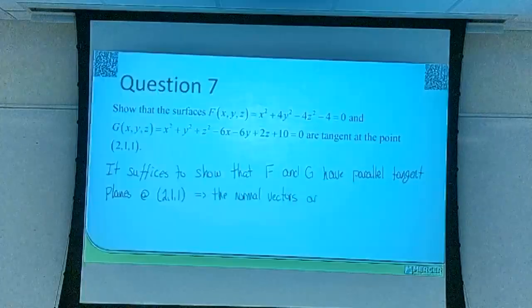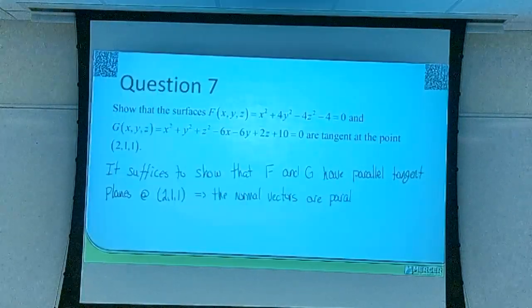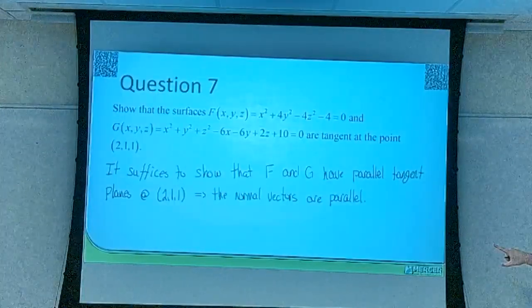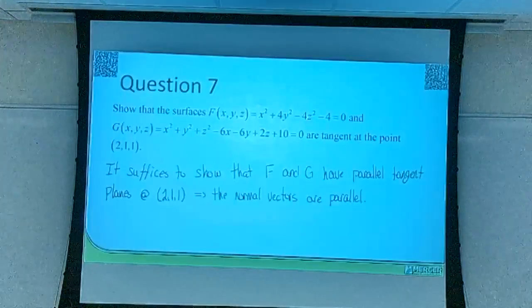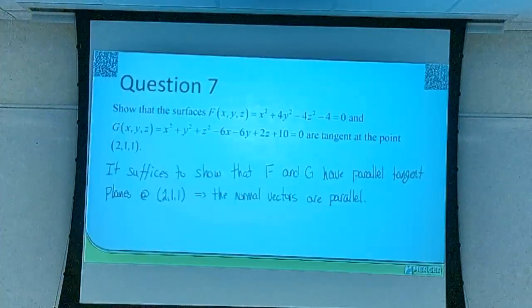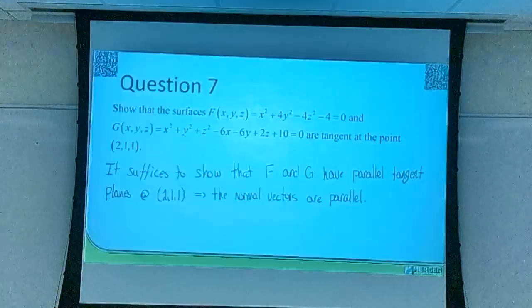That's what we want to show. So we'll find the normal vectors for both F and G, the tangent planes, which, by the way, is also going to be normal to the surface, by definition, at the point 2, 1, 1, and show that they're parallel.